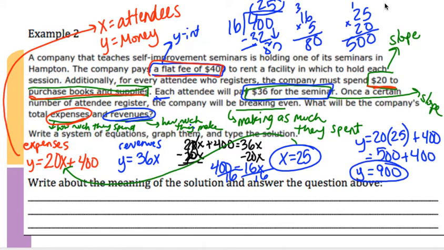So now I look back to my key. X is my attendees, so that means there will be 25 attendees, and Y is my money, meaning that I made and also spent $900. That's my break-even point. So, what's my question? What is the company's expenses and revenues?